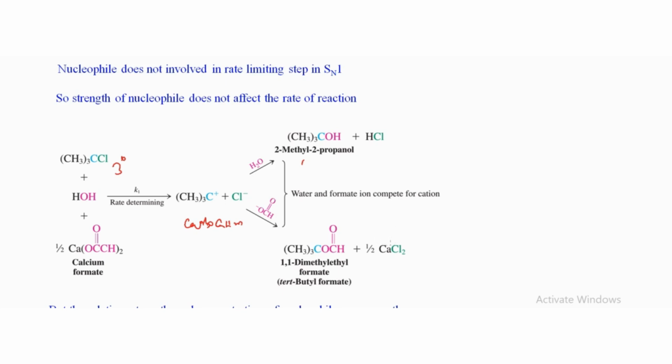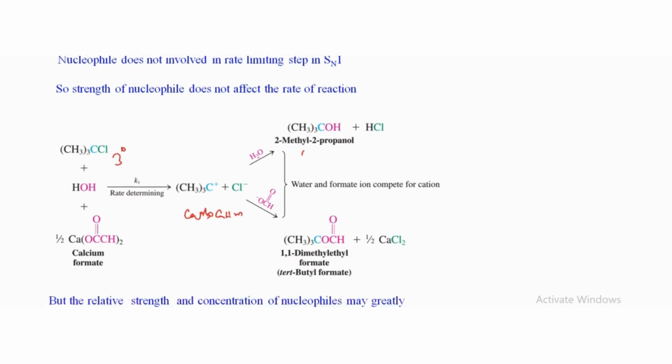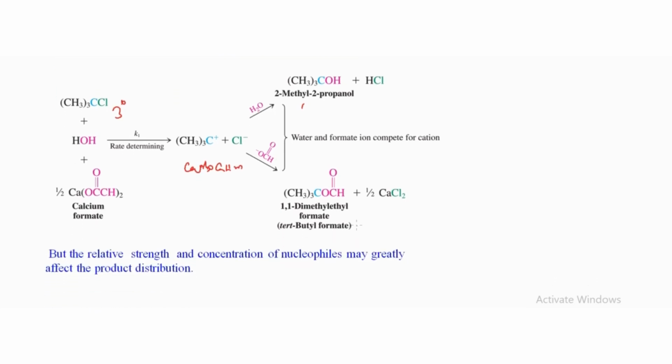Please remember that there is a big difference. The strength of the nucleophile is not going to influence the rate of reaction, which means it neither decreases nor increases it. But if we have two different nucleophiles, according to the strength and the concentration, the product distribution will vary.